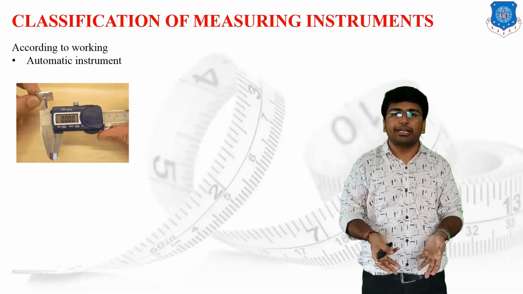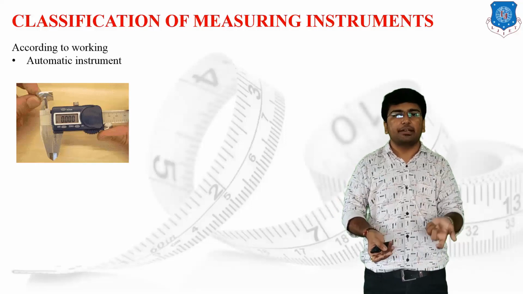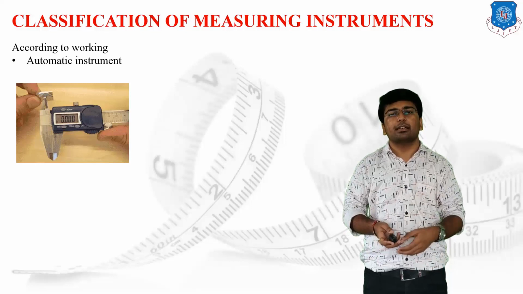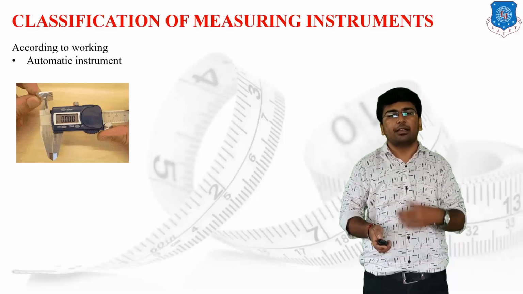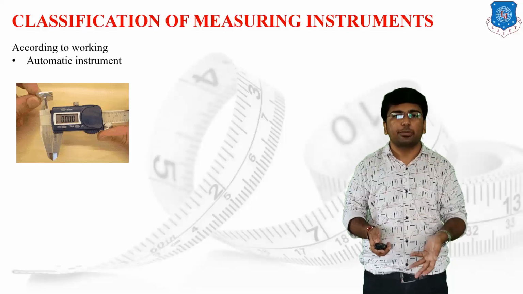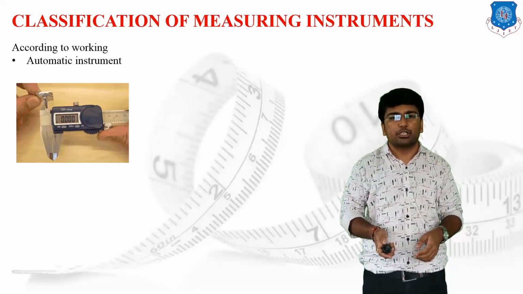We have already provided the formula in terms of circuitry inside the machine. So the category of these kinds of instruments is known as automatic instruments.